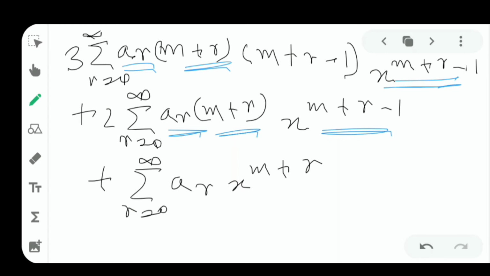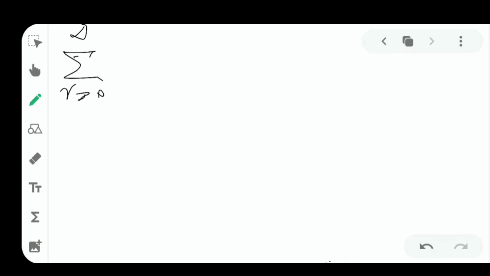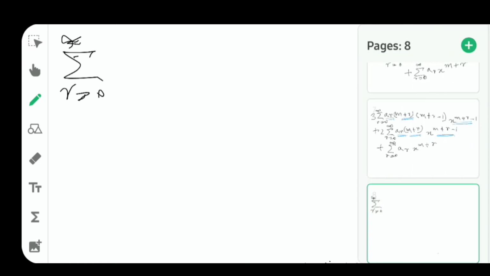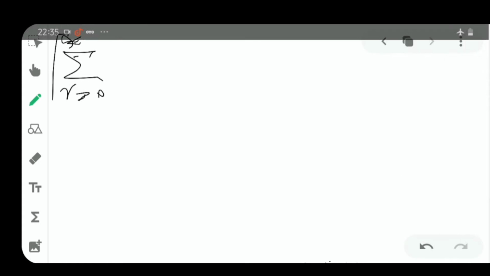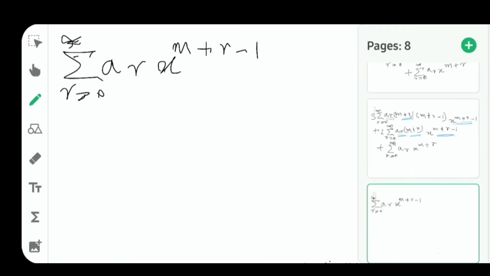If we take common x to the power m plus r minus 1 and a_r, then we get 3 summation r equals 0 to infinity of a_r x to the power m plus r minus 1 times (m plus r minus 1).